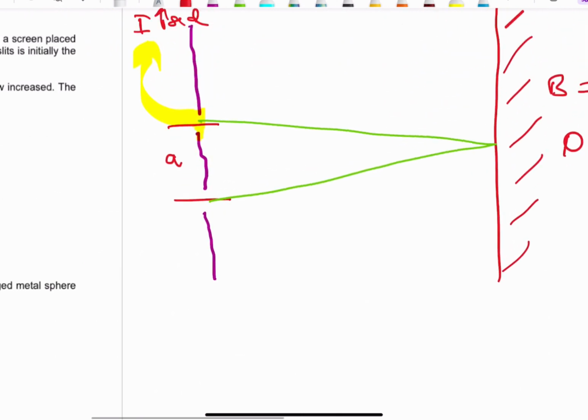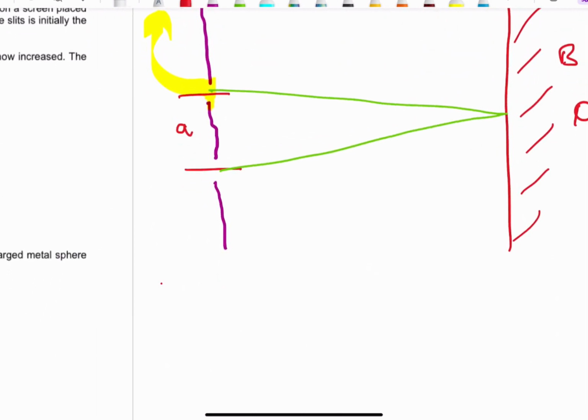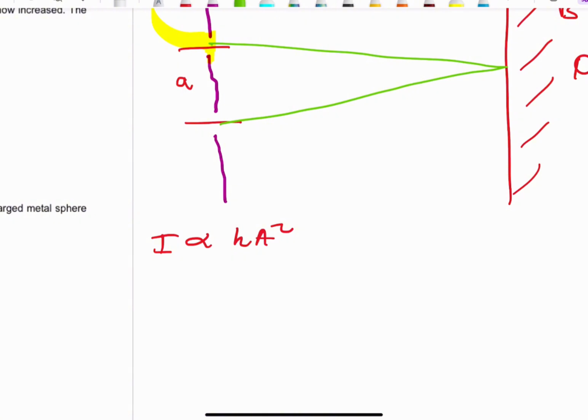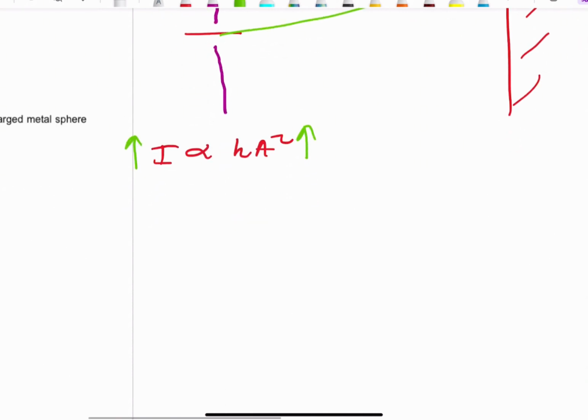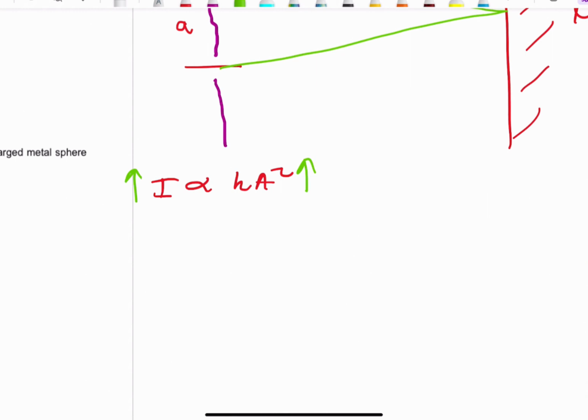But if I increase the amplitude of one wave, I know that intensity is directly proportional to amplitude squared. That's why I said I'm increasing the amplitude of the other wave, because if I increase the intensity, I'm going to increase the amplitude also. How so? Well, if I increase the intensity to 4I, my amplitude is going to just be 2a.